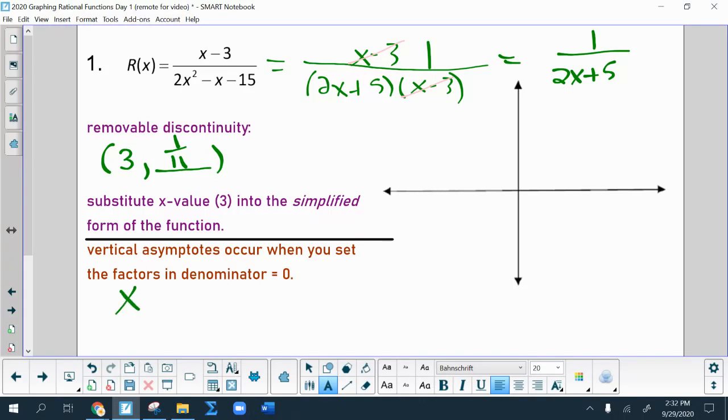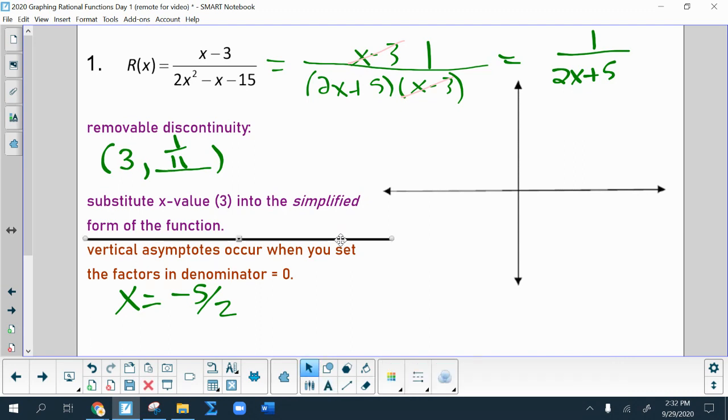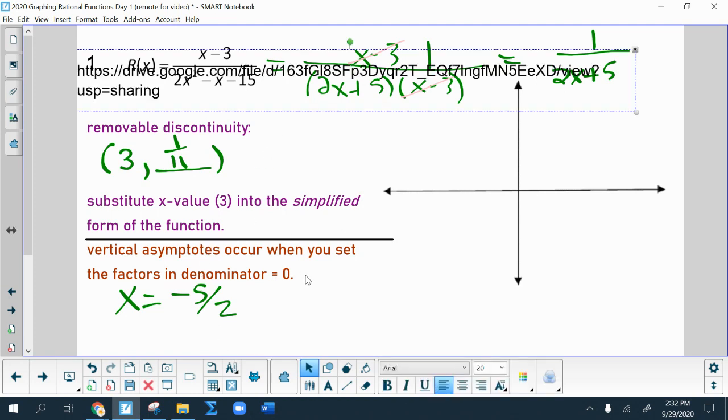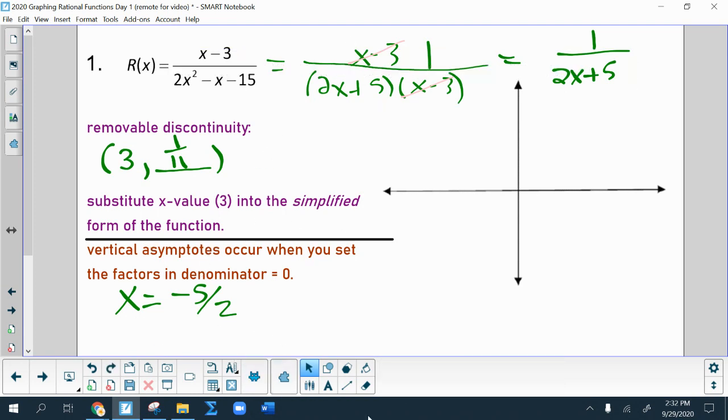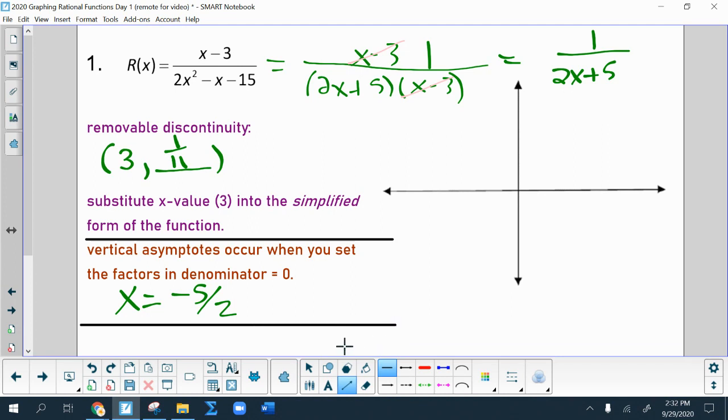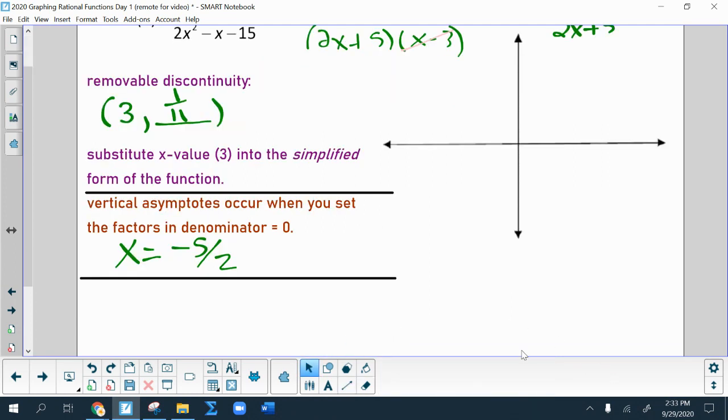So that makes my vertical asymptote negative 5 halves. Notice that I wrote it as x equals and did not write just negative 5 halves, because that would just be a number, and we want to know specifically what we're talking about. So make sure that you write it as x equals negative 5 halves.